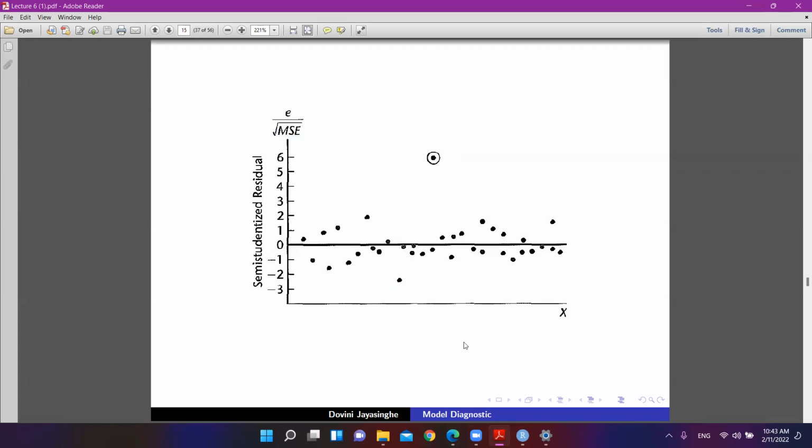We try as much as possible to keep all the data that we have, but if we come up with outliers and we cannot do anything, the only possibility is getting rid of that observation, because the data are very important. In any analysis, we always try to keep all the data as much as possible. Even a single observation is very important, so we have to be very careful.